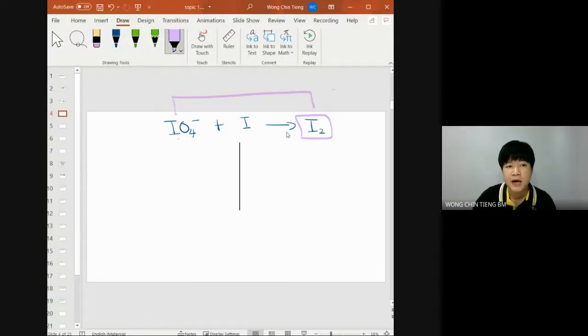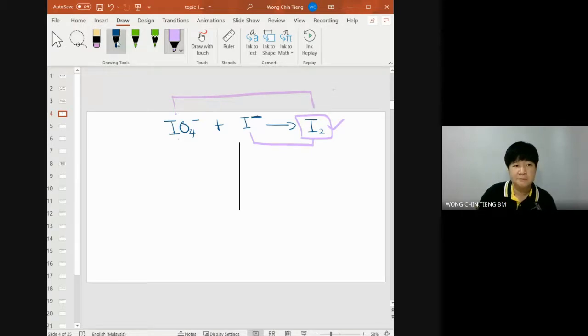Yang ni bermakna IO4 minus akan partner dengan I2. Sorry, saya tertinggal. I minus. Alright, I minus pula akan partner dengan dia juga. Dua-dua orang akan partner dengan dia. In other words, I2 over here again will undergo oxidation and reduction. Both.